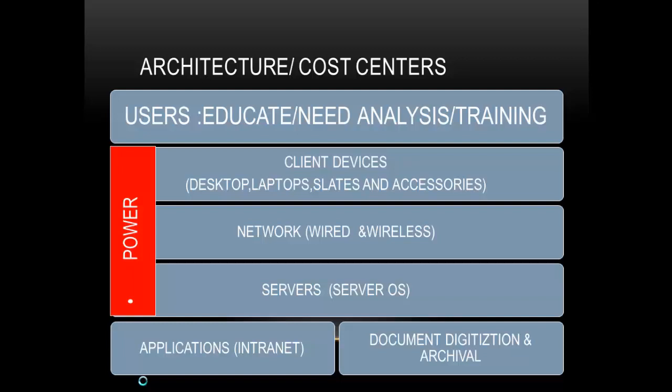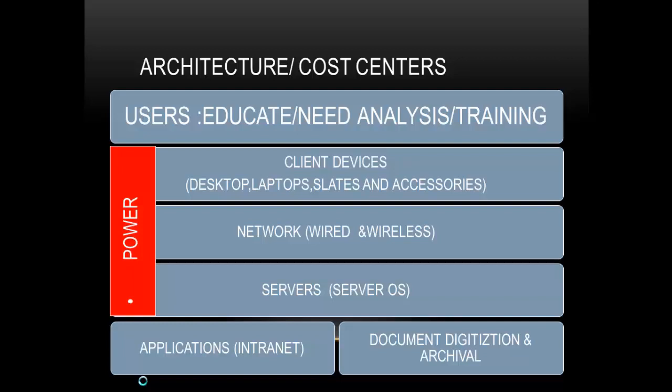Again, the large part of the expenditure really lies within the client devices, purchasing hardware that the hospital is going to use across board. And then, of course, there's the network. The network is what connects the client devices to the servers where the application actually resides. The servers are like big computers that are meant to run 24/7 all the time, and we have our applications inside them.